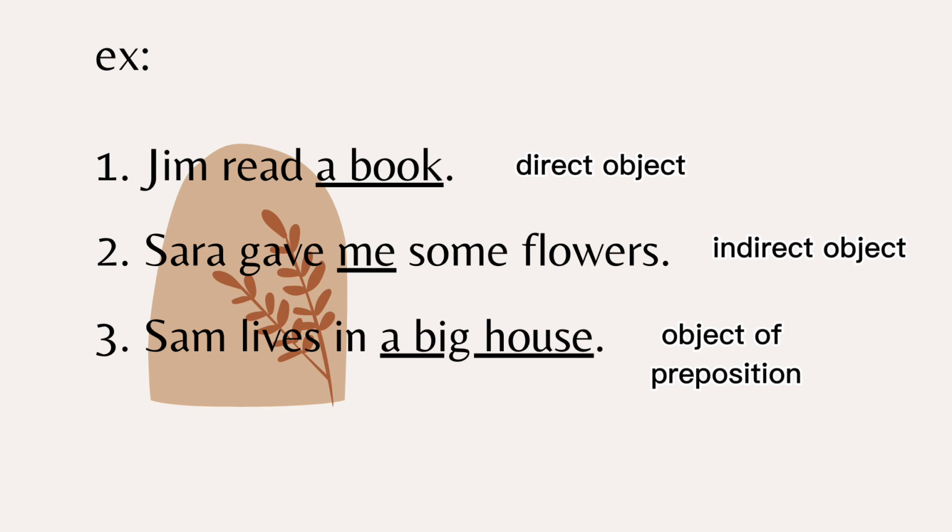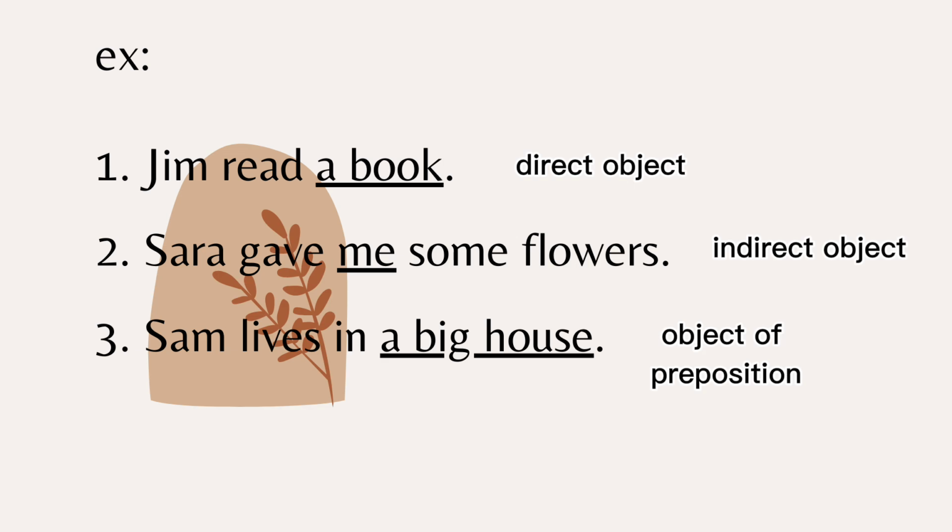Direct object: this is the direct receiver of the action of the verb. It answers the question what or who. Indirect object: this is the beneficiary or recipient of the action of the verb, but does not directly receive it.